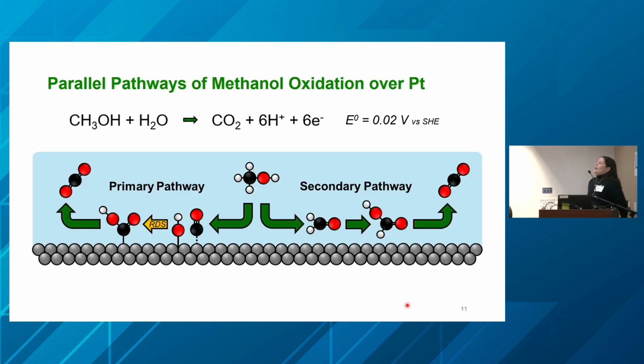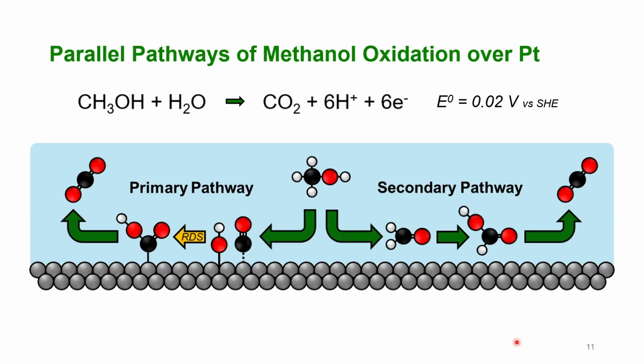Okay, so now that we have built a reactor and a reactor setup, we need a reaction in order to validate our electrochemical SITKA approach. There were a lot of criteria that went into choosing an electrocatalytic reaction.